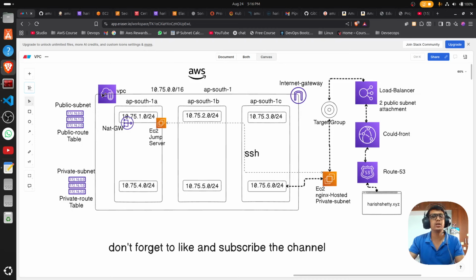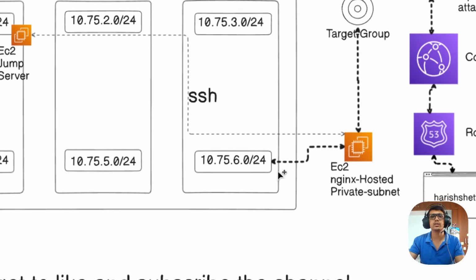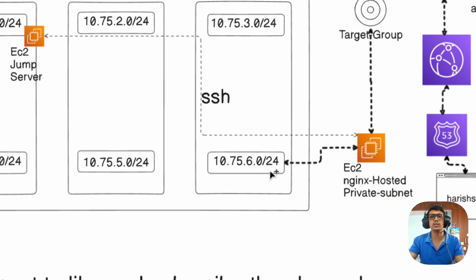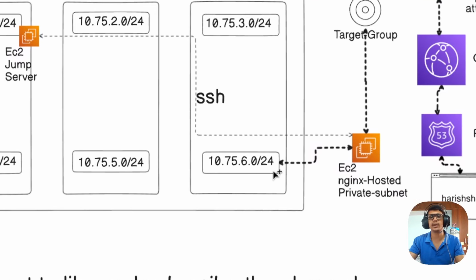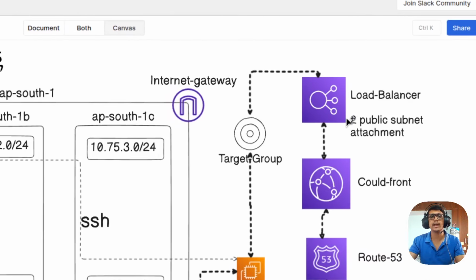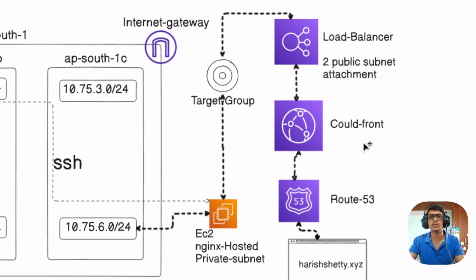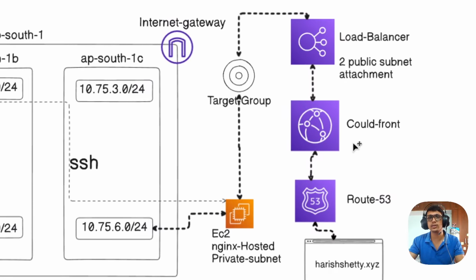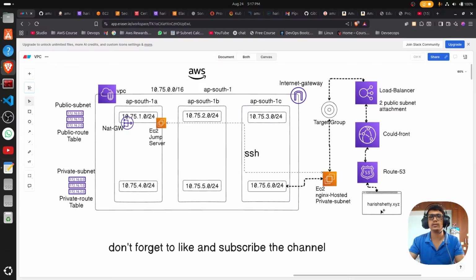You can see the VPC, the public subnet, private subnet, and jump server we used here, and the NAT gateway, internet gateway, and we installed Nginx and hosted the website in the private subnet. We do the target group, and through the target group we are going to access the website via the load balancer, and we are also doing CloudFront, Route 53 and the domain for accessing the website. This video I am going to maybe post on Wednesday. Don't miss out on this video.